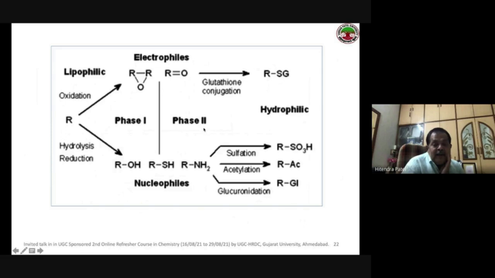And then in the second phase, whatever fragments we have from the drug molecule, sulfation, acetylation and glucuronidation take place to give this kind of important conversion of the drug molecule. So the drug molecule occurs in small fragments in this way.